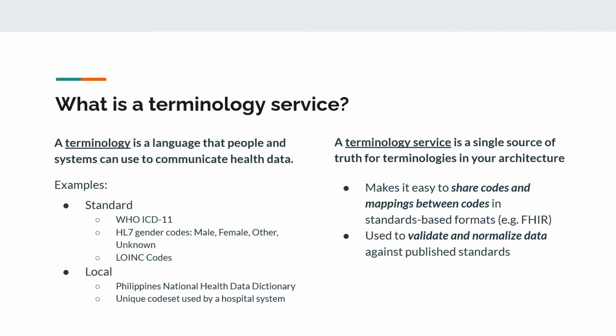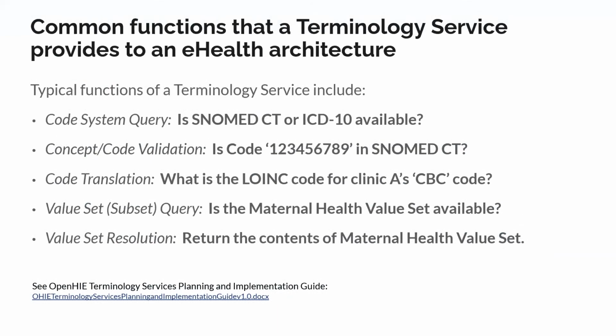So terminology services is an architectural component that enables you to do this. What does that actually mean? There are a handful of functions that a terminology service typically provides. And at an atomic level, here's a few examples of that. The first would be if you have another architectural component. This could be your EMR.